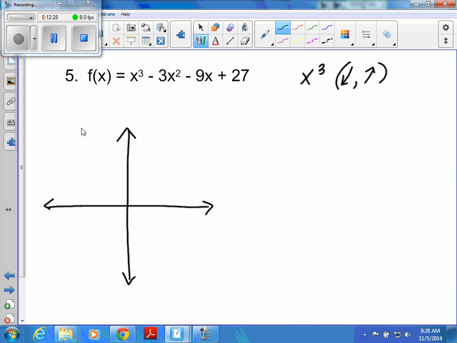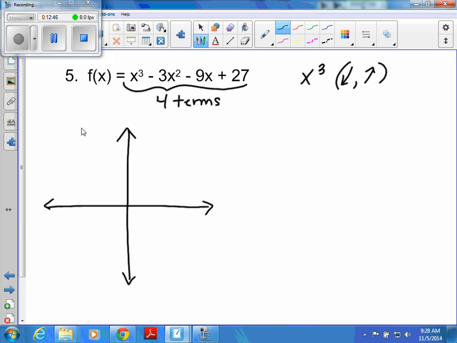But I need to know where this graph crosses the x-axis. So I need to go all the way back to chapter 1 and figure out how to factor 4 terms. How do we factor 4 terms? By grouping them.